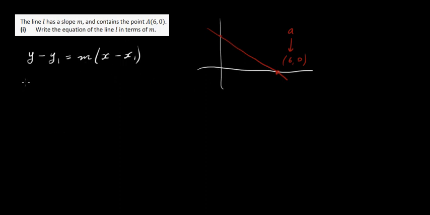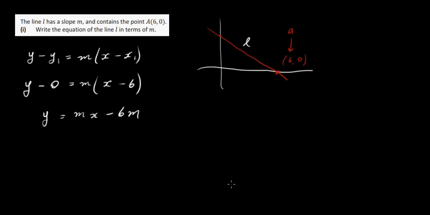So I'm just going to write y minus 0, that's our point 6, 0. m we're leaving as m, and then we have x minus 6. So that will give us y is equal to mx minus 6m. And that's it really. That's writing the equation of L in terms of m. This is our line L here.